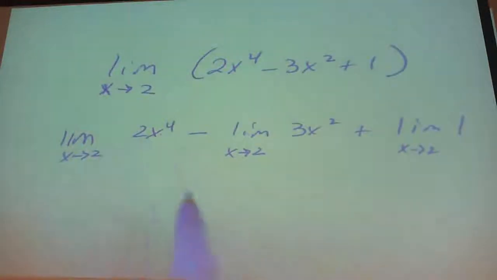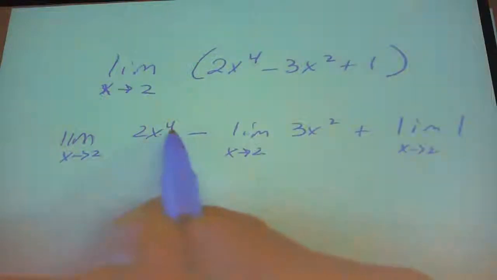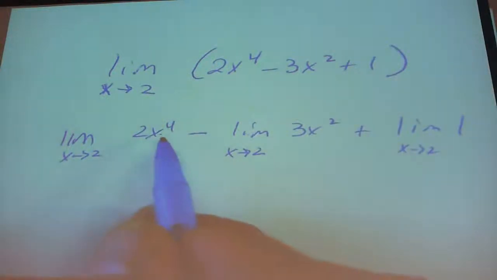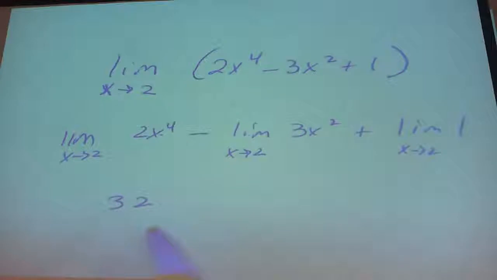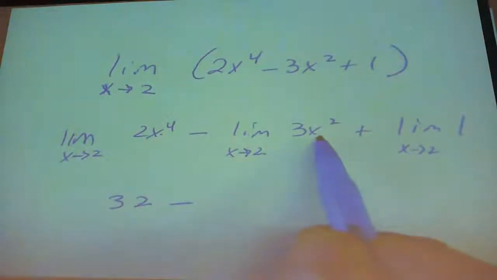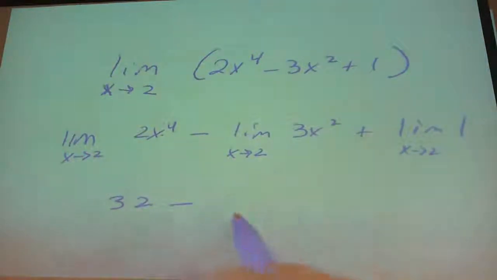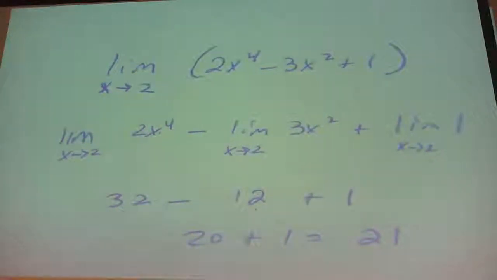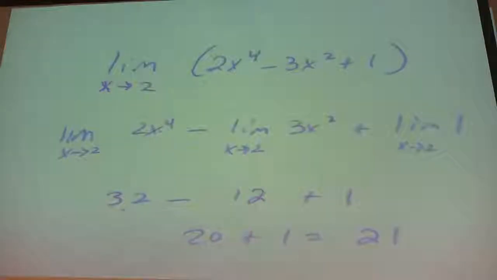If you plug in 2, you get 2 to the 4th, 2 times 2 times 2 times 2 is 16. 16 times 2 is 32. Minus, plug 2 in, 2 squared is 4. 4 times 3 is 12, plus 1. There's no number to plug in. That gives us 32 minus 12 is 20. 20 plus 1 is 21. Okay? Again, all we did was plug 2 in. But that's what the properties show us.